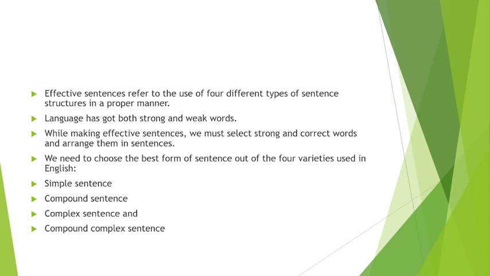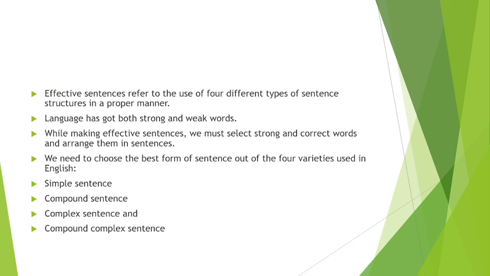While making effective sentences, we must select strong and correct words and arrange them in sentences. We need to choose the best form of sentence out of the four varieties used in English.